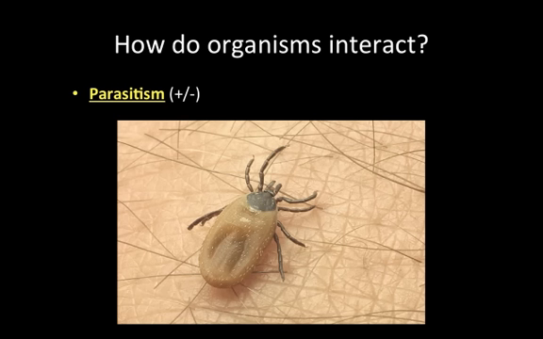So it's important to understand that parasites typically don't want organisms to die, they just want to be able to feed off of them for their own survival. So they want to harm them enough to where they get the benefit out of it, but they don't want to kill them. So we have three different types of relationships and ways that organisms can interact: mutualism, commensalism, and parasitism.